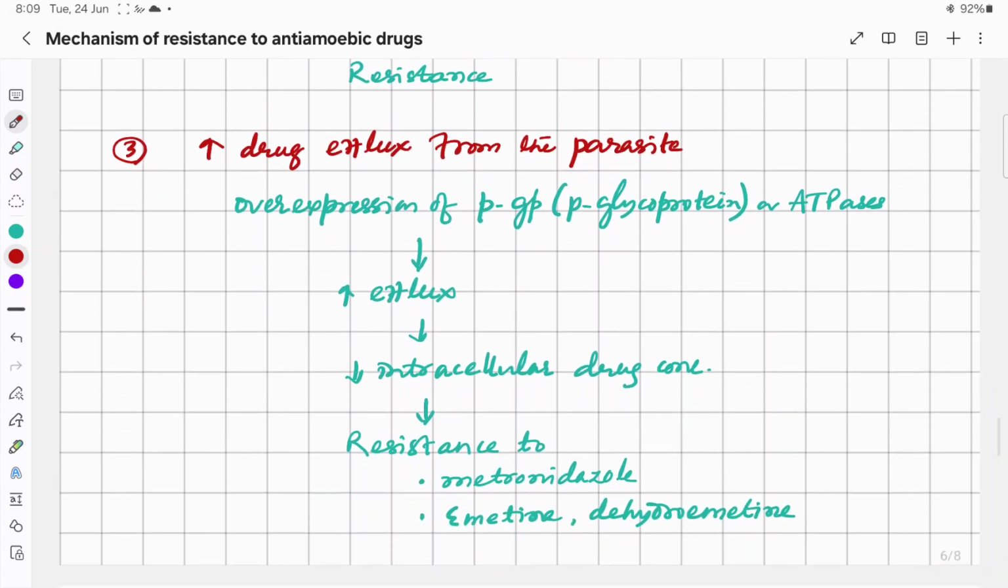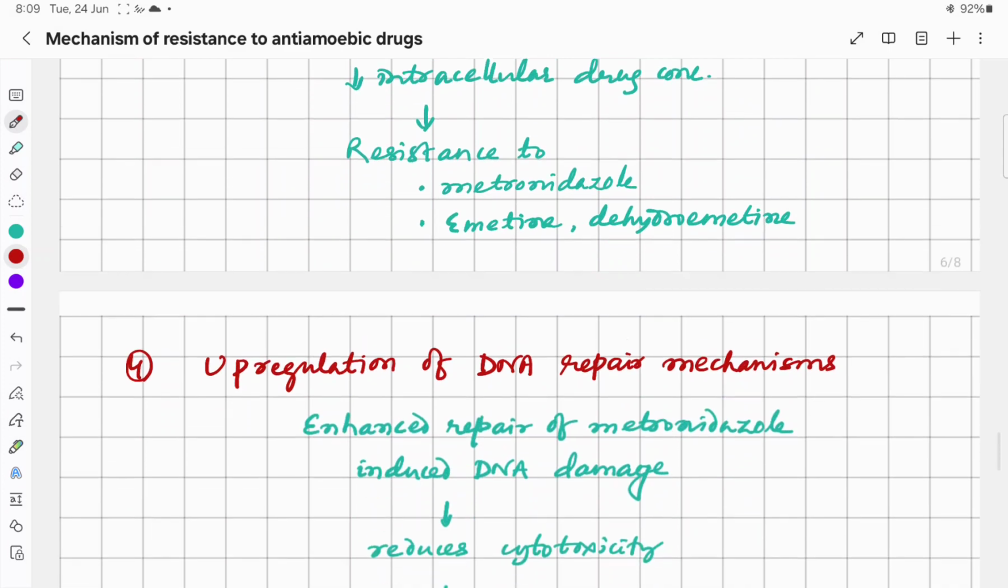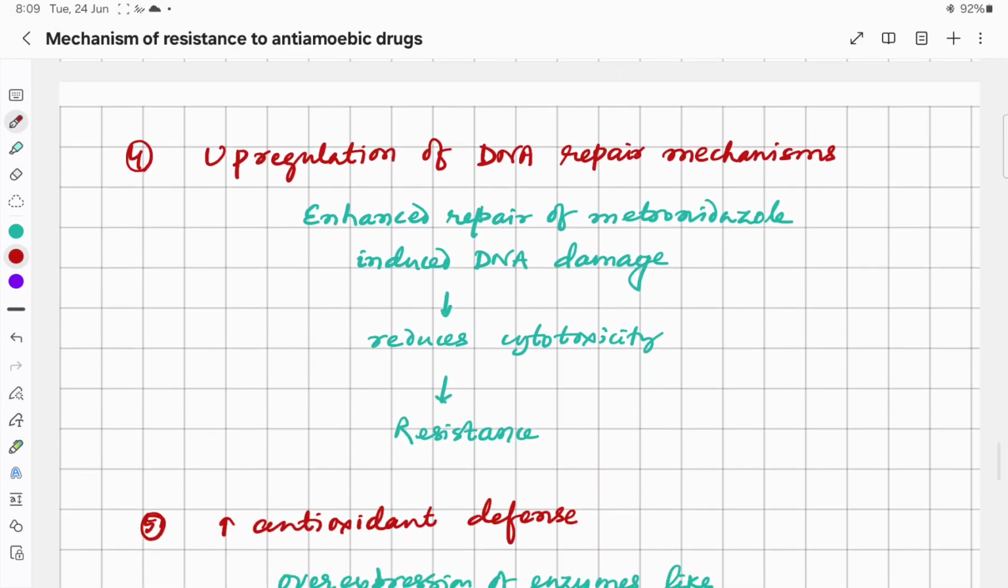There can be increased drug efflux from the parasite due to overexpression of P glycoproteins or ATPases, so that will decrease the intracellular drug concentration and hence can be a cause of resistance to drugs like metronidazole, emetine, dehydroemetine. There can be upregulation of DNA repair mechanisms, so enhanced repair of metronidazole-induced DNA damage will reduce the cytotoxicity and hence decrease the efficacy and can be a cause of resistance.